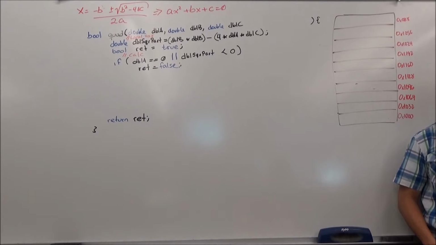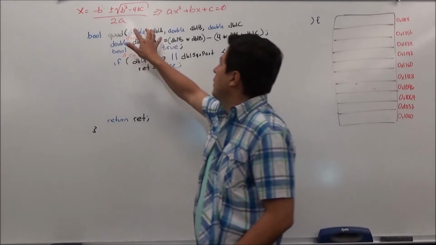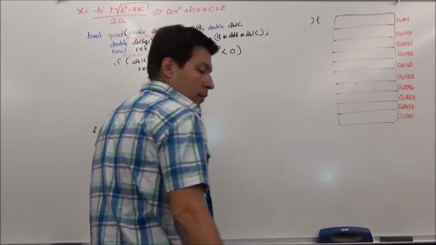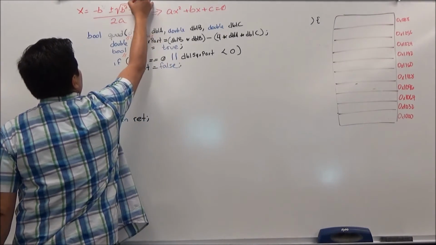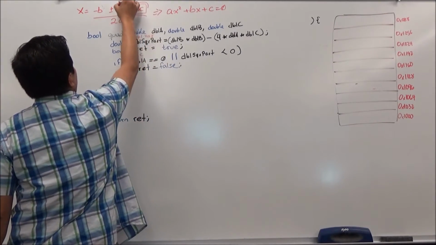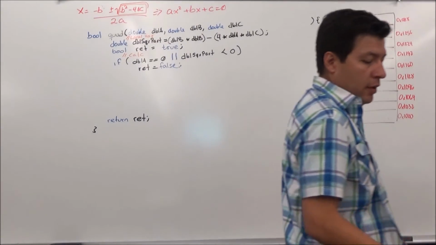Did I get that one right? Yeah. So we want to know this portion. We're going to make sure this is 0 or greater. Otherwise, we get imaginary numbers.